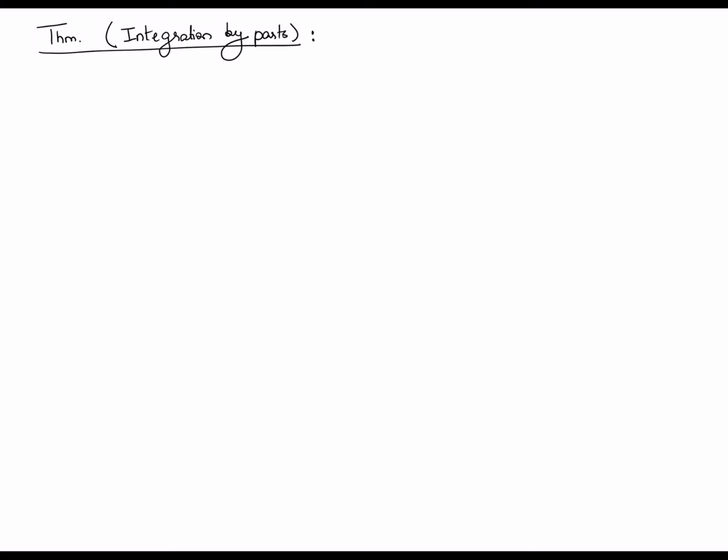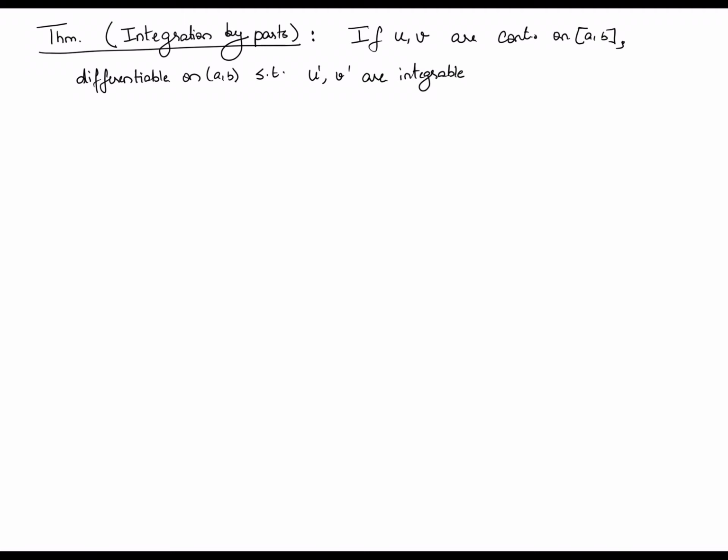Okay, so the statement is as follows: if u, v are continuous on [a, b], differentiable on the open interval (a, b), such that u prime and v prime are integrable on [a, b], then the following is true.